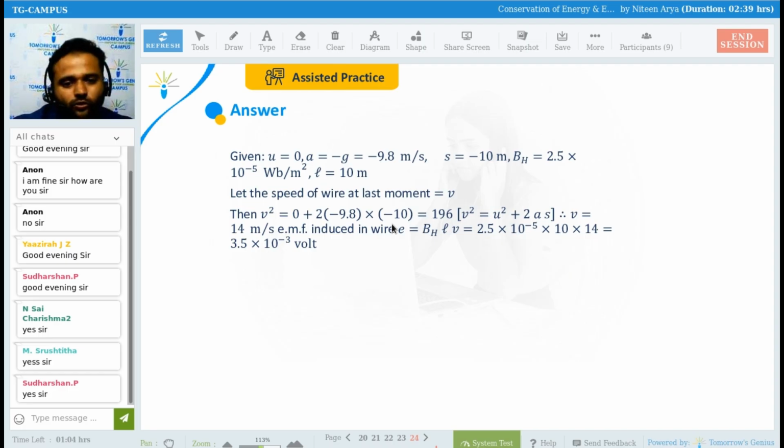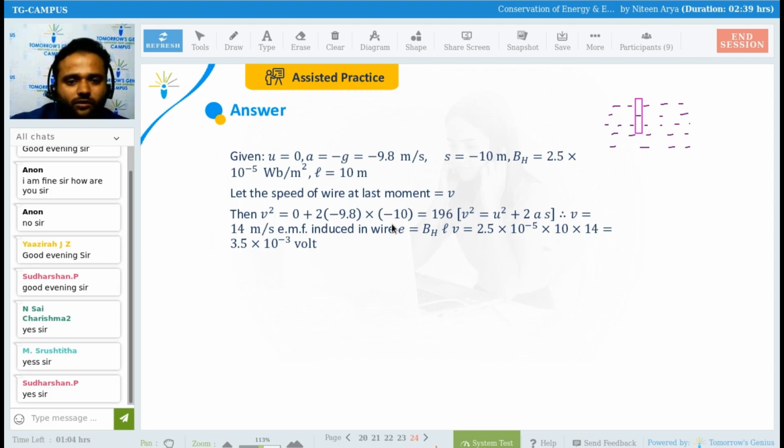U equals 0, a equals minus g, obviously s equals minus 10. What is the meaning? Understand in this way. Suppose there is a magnetic field. In this magnetic field, understand another thing also. There is a wire that is going to fall in this way.